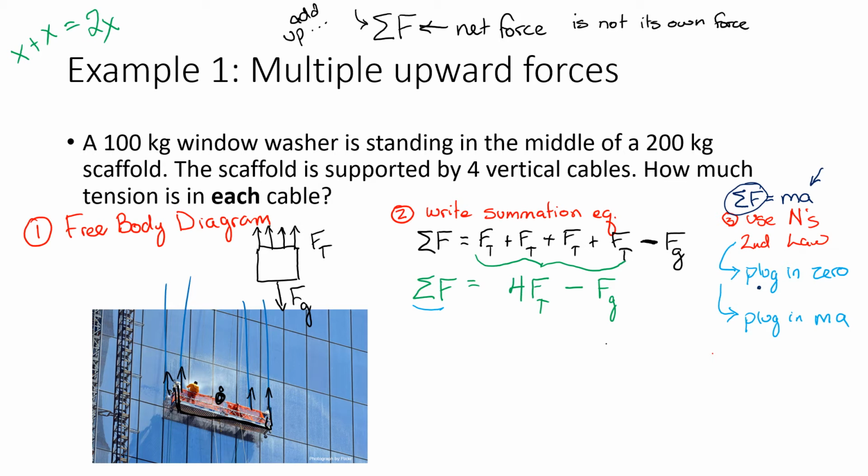One of those situations is when we have no motion. We're at rest, we're staying still, we're not moving. The other situation would be at a constant speed or constant velocity. We plug in mass times acceleration for the net force when we are accelerating.